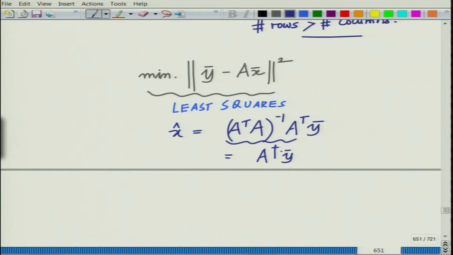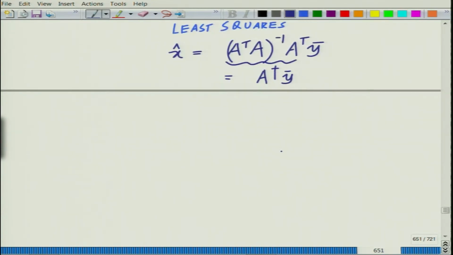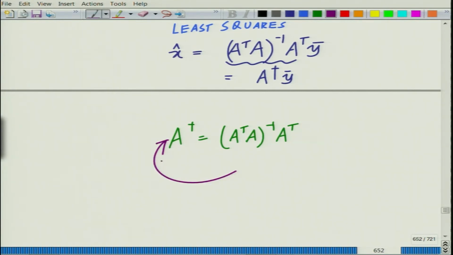This quantity A dagger is equal to A transpose A inverse A transpose. This quantity is termed as the pseudo inverse of A.